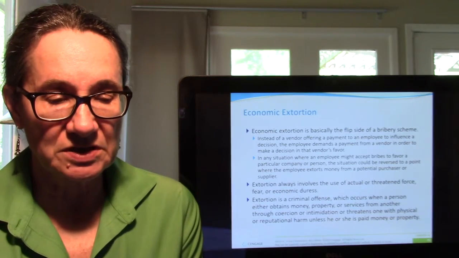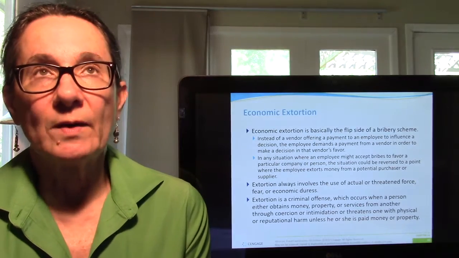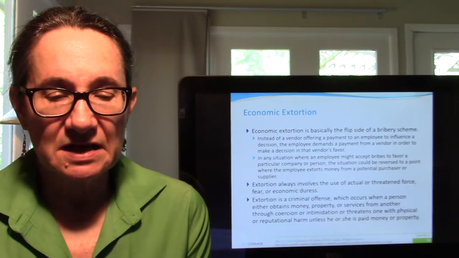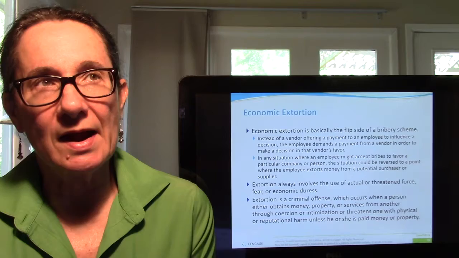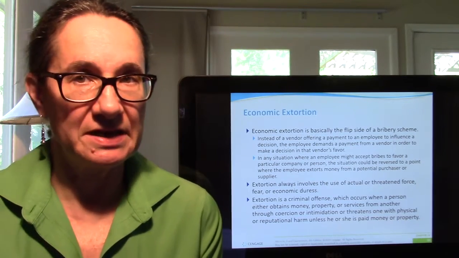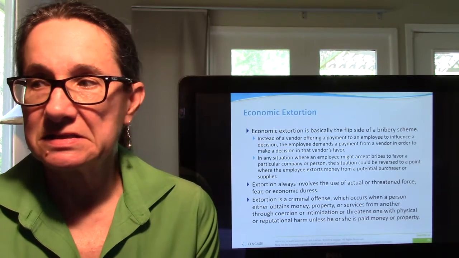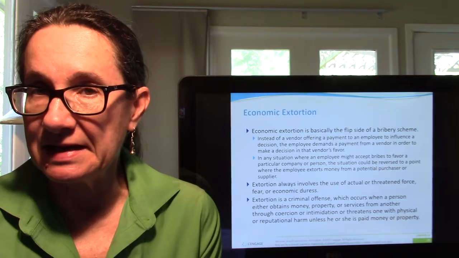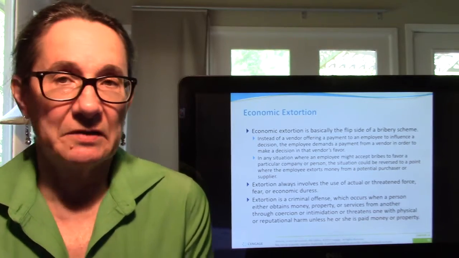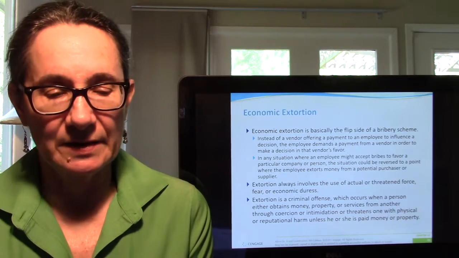Economic extortion is kind of the opposite of bribery, right? In bribery, the vendor comes and says, hey, purchasing agent, if you will send your purchase orders to me and not the competition, I will give you 10% of the sale. Something like that, bribery, kickback.